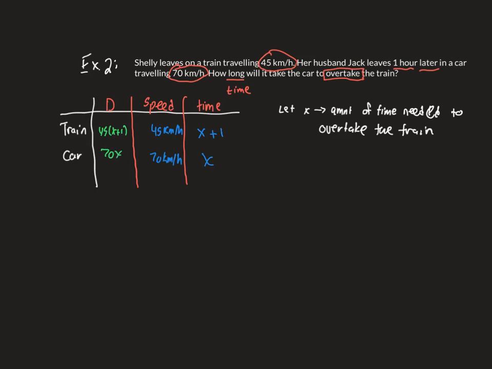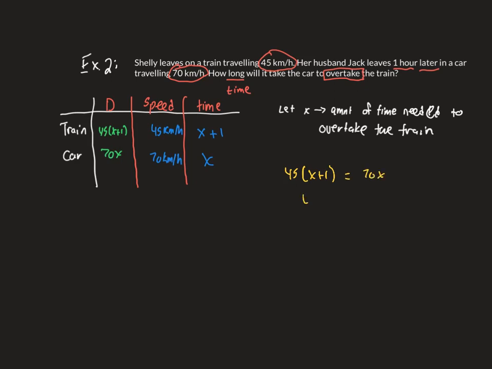So, we know the word, they said overtake, which means we want when they both have the same distance, because obviously if they have the same distance, they've met each other, and then they're about to overtake. So, once again, just like the last problem, you're going to have 45, x plus 1 is equal to 70x.